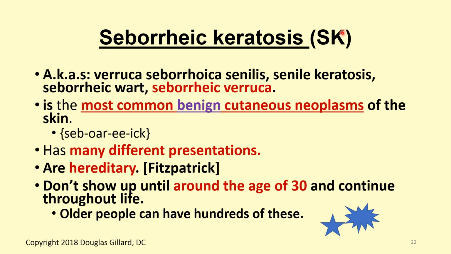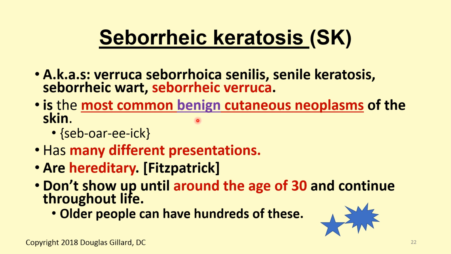I commonly just call it SK, a lot of AKAs: verruca seborrheica, senile keratosis, seborrheic warts, seborrheic verruca, which are the warts that the HPV virus causes on your hands or the bottoms of your feet, the same type of virus as the sexually transmitted one. It can look like that a little bit. That's why it's named that.